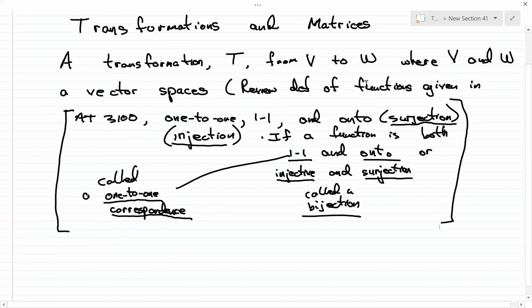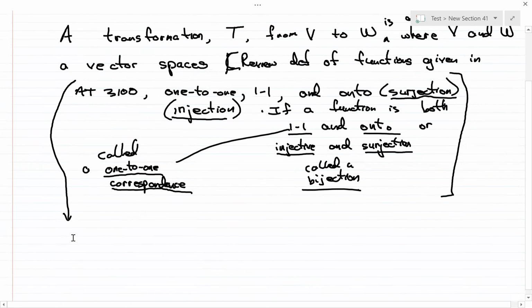Let's go back to the first sentence of transformation T from V to W. I guess I should have said is a function where W and V are vector spaces. This is really the start of the parentheses. So all of this would be parenthetical material, starting right here, maybe. But there's more to a transformation than what I've said. So let's continue the definition.